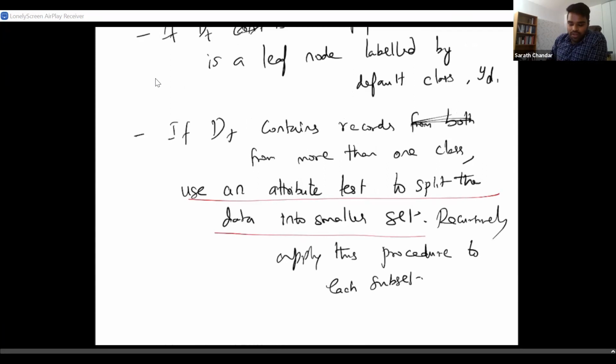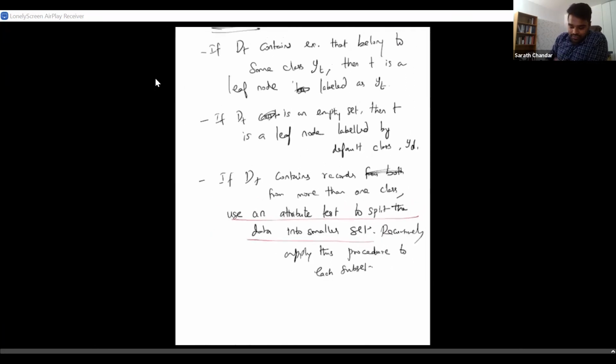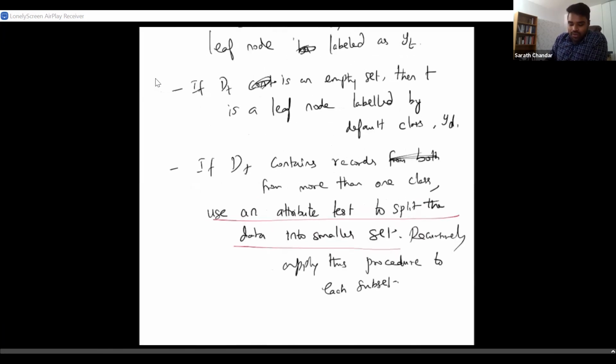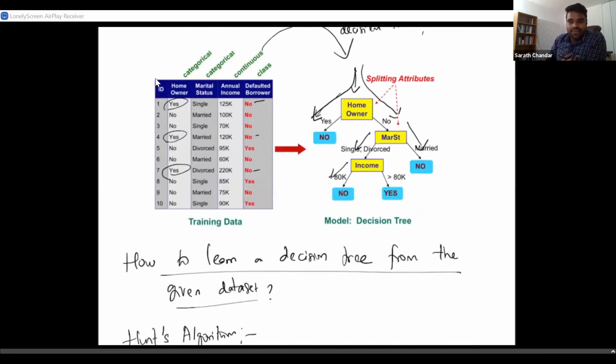So what am I doing here? I take the data and find the right attribute to split the data. Once I split it, the hope is that the new data sets are going to be more discriminative, that there's more chance that something is all yes, something is all no. If it is not the case, then you further split.